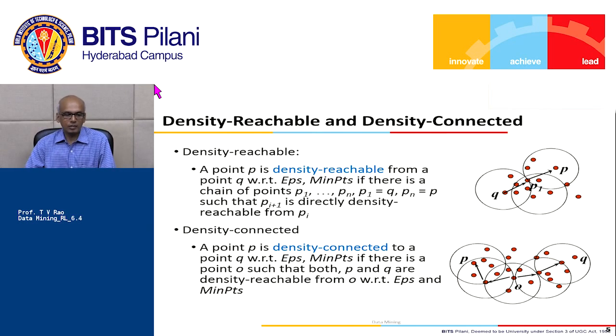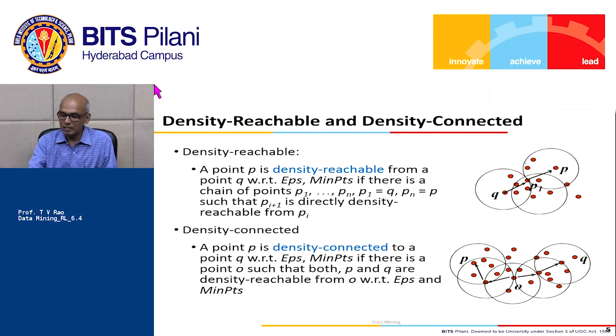And there is another associated concept, which is density connected. While density reachable means that we have a chain of points, for example from Q to P, here P is not directly within the epsilon radius of Q. But from Q there is a point P1 which is within the epsilon radius of Q, and Q has the minimum number of points within its epsilon radius.